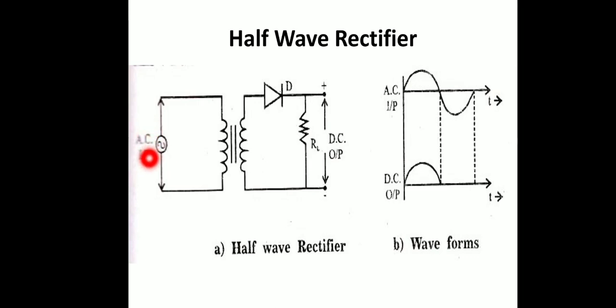The operation of this rectifier in reverse bias means the polarity will be changed. So this is for your information, exactly how the reverse bias of the diode works and how these battery terminals change their polarity.